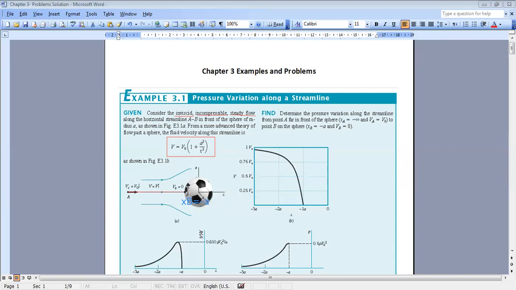So in this problem, we know the profile of velocity. We want to determine the profile of pressure. Whenever I need to correlate pressure and velocity, you should go back to the definition in the course material. What we did, we took in the course material a small element of the fluid, and we considered the free body diagram of this element, putting all forces acting on it.